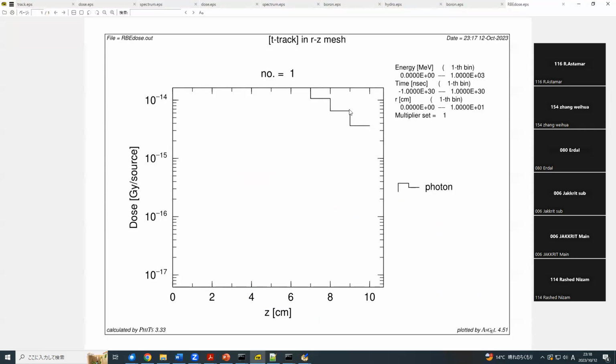But the RBE weighted dose is so high compared to the previous dose because it is a sum of all those components. And in addition, the RBE or CBE factor is weighted. So it is much higher than each dose component.